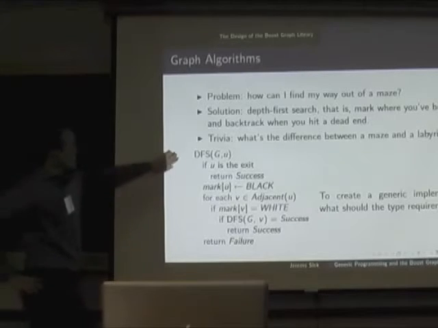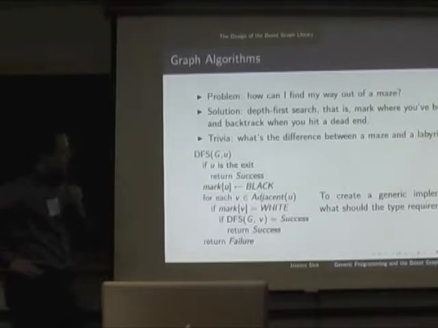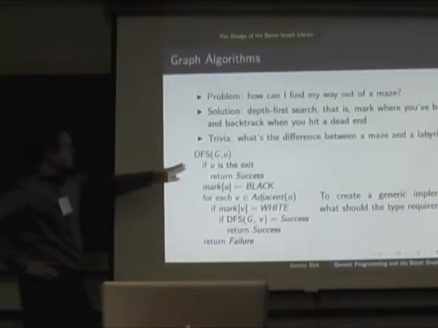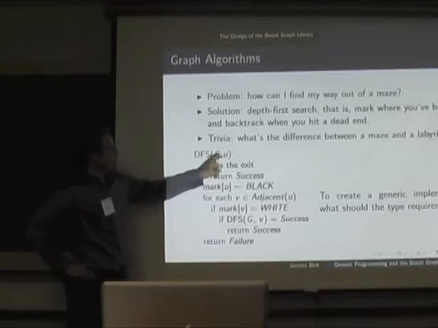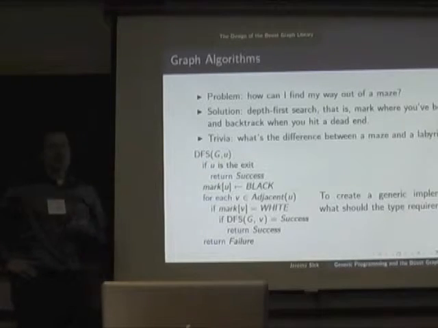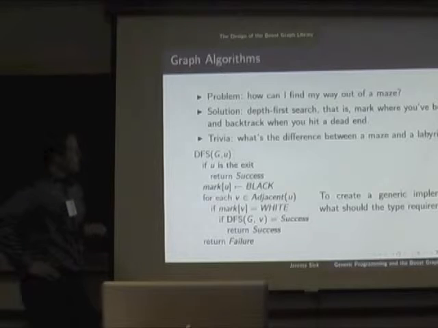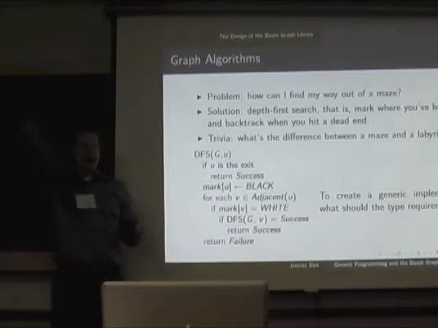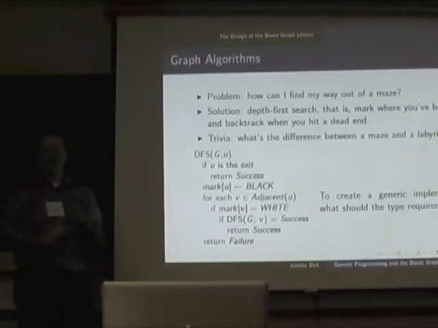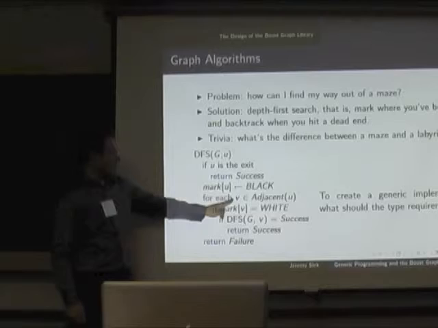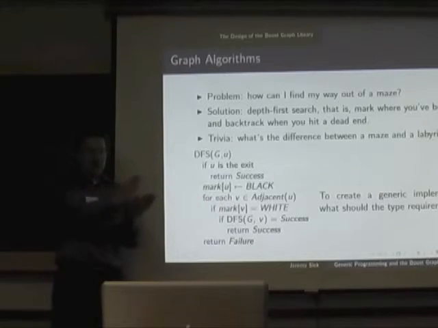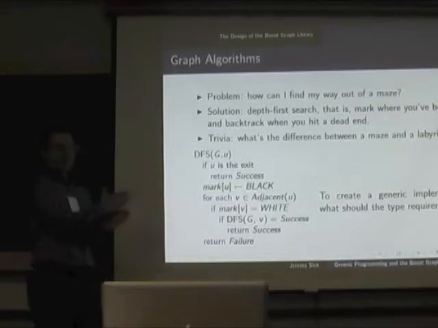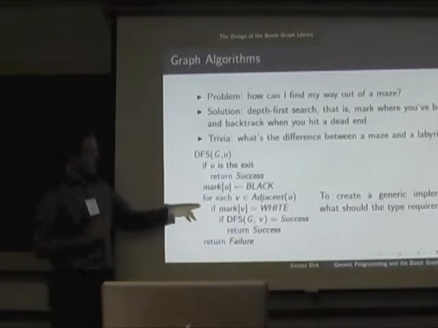So here's the pseudocode for your typical depth first search. You've got a graph G, and you've got some vertex U, which is your starting point. And then you mark that vertex. I'm going to mark it black, a check mark to say I've been there. Then you look at all your neighbors, so all the paths from your current spot, and you check to see if it's white.